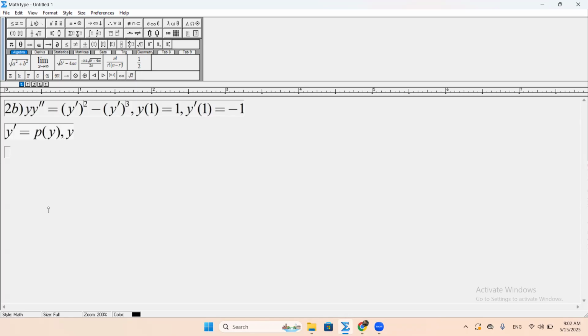Then y double prime equals dp over dy multiplied by dy over dx. So it will be equal p multiplied by dp over dy.